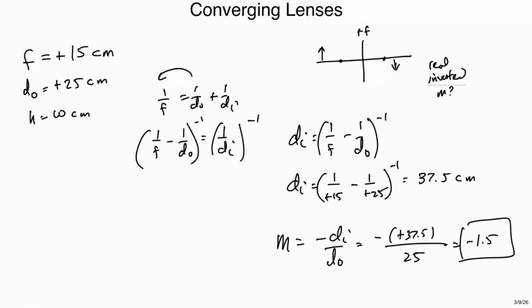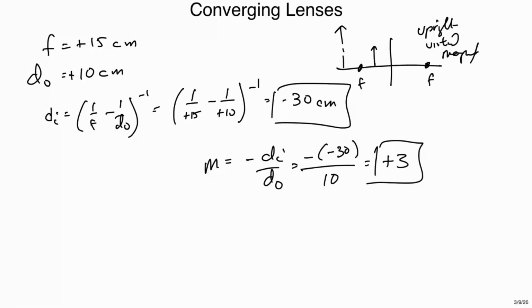For the last equation, how come we didn't have a height? Because height, okay, fine. What height do you want? 5 centimeters. So therefore, the image height is 15 centimeters. You just take whatever the height of your object is and multiply by the magnification to get the image height.